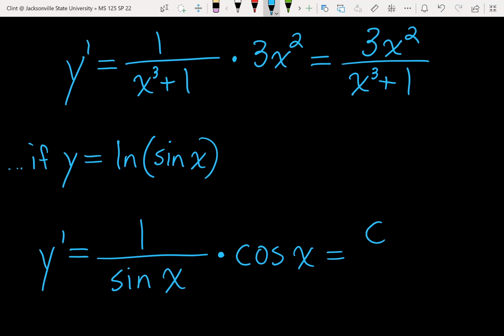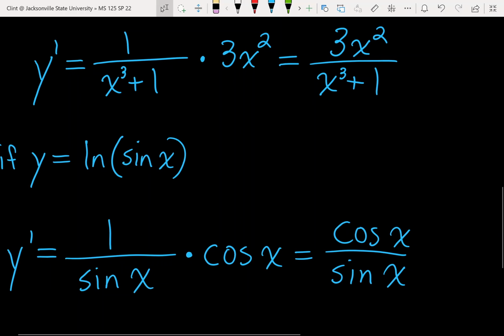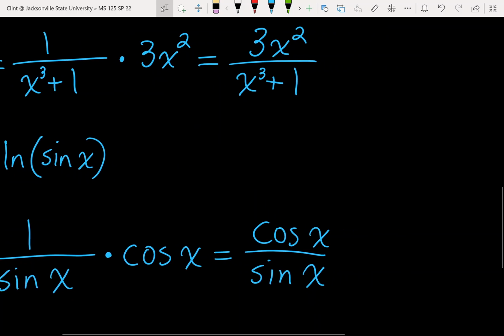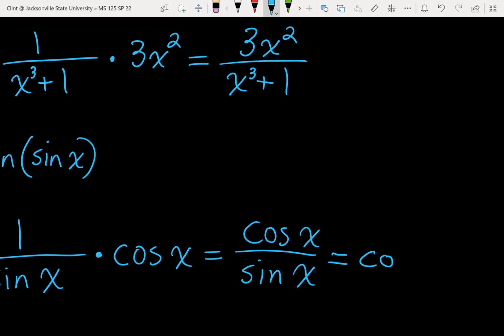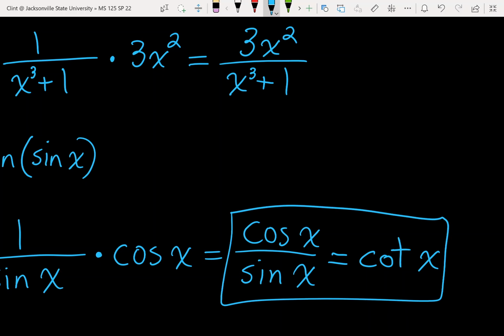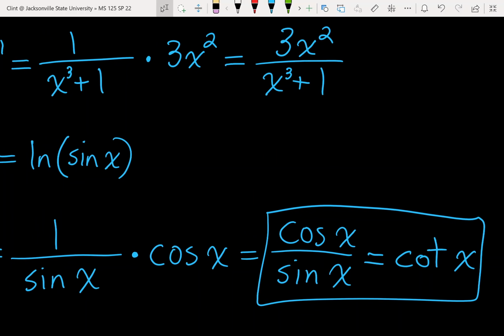So here we get cosine over sine. And that's correct. We can actually simplify that a little bit. You may remember what cosine over sine is? Cotangent. If you remember that identity, that simplifies it, but both of those are correct. Sine over cosine is tangent, so cosine over sine is cotangent.